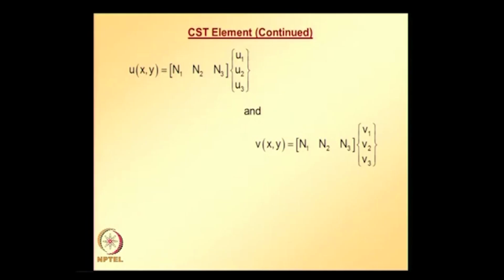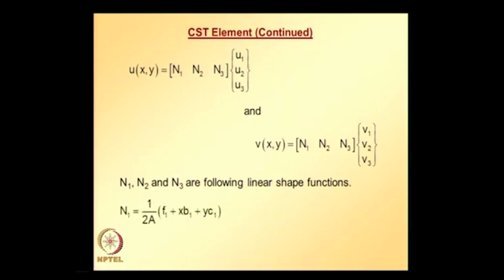Here N1, N2, N3 are shape functions which are going to be linear in x and y, and the procedure for derivation of these shape functions is the same as what we have seen earlier. So, these shape functions can be calculated once we know the nodal coordinates of all the nodes. N1 is given by this, N2 is given by this, and N3 is given by this.